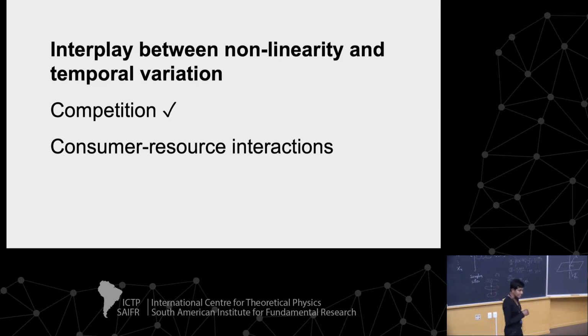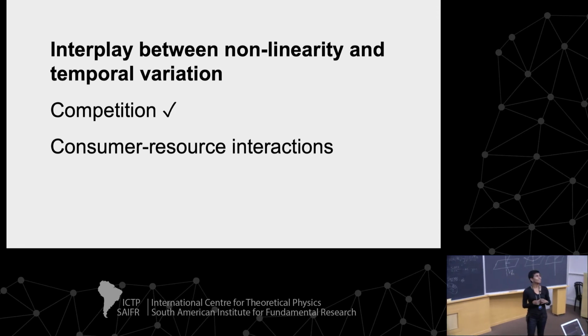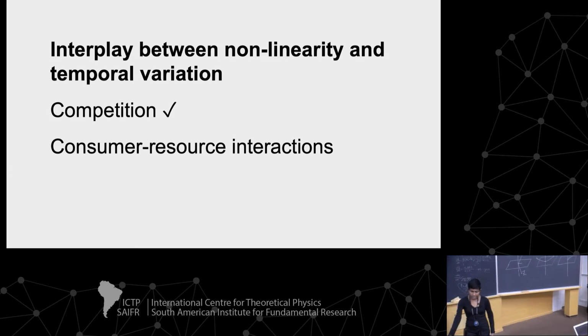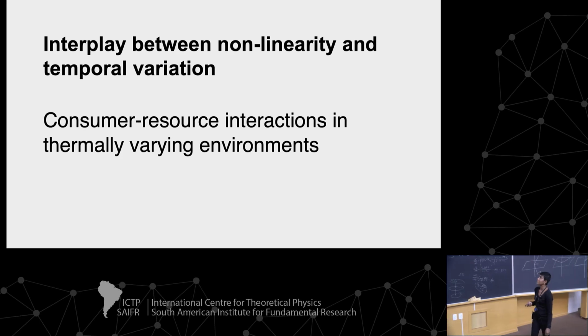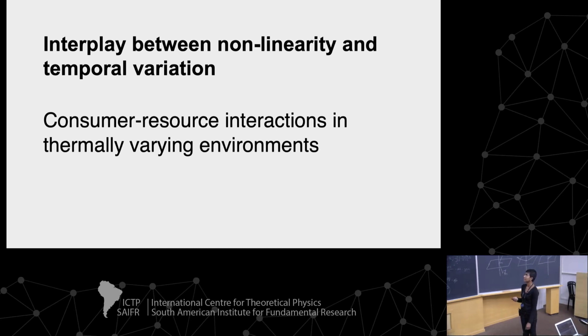We are on the topic of the interplay between non-linearity and temporal variation, and yesterday I talked about competition. So today we want to talk about consumer resource interactions, especially in thermally varying environments, and you will see why in a second. Temperature again is the abiotic dimension here.